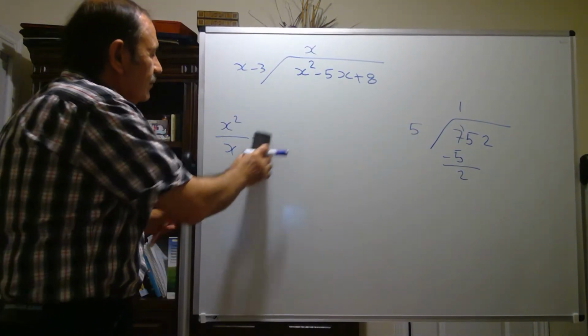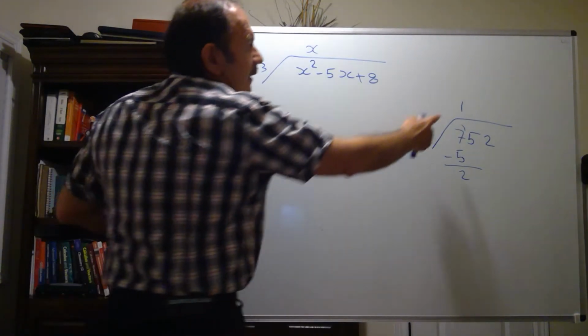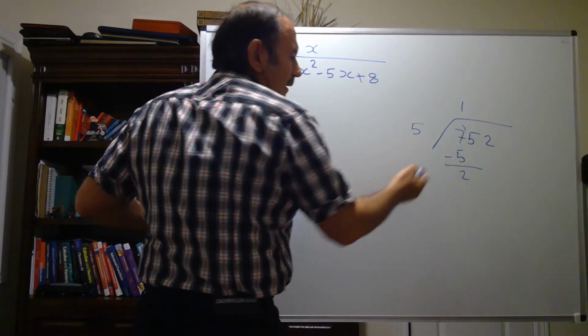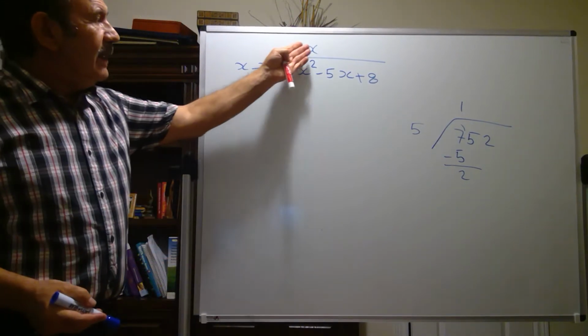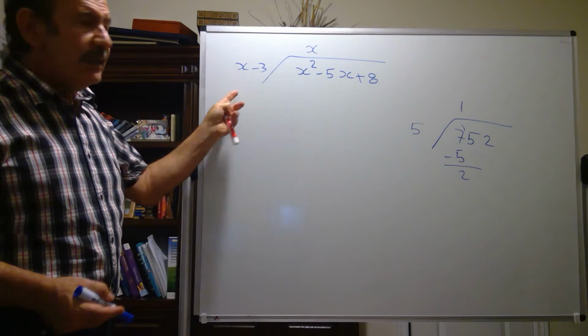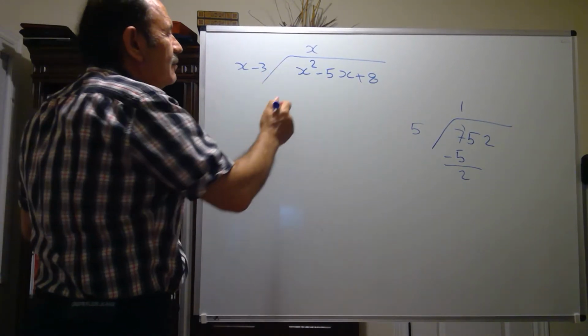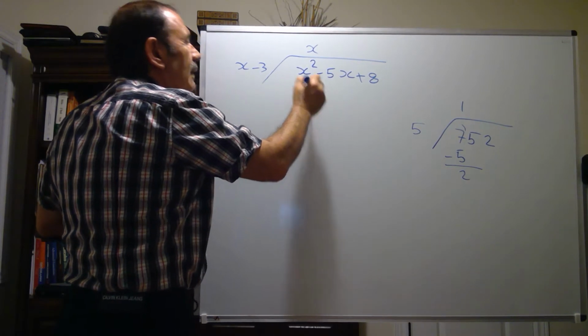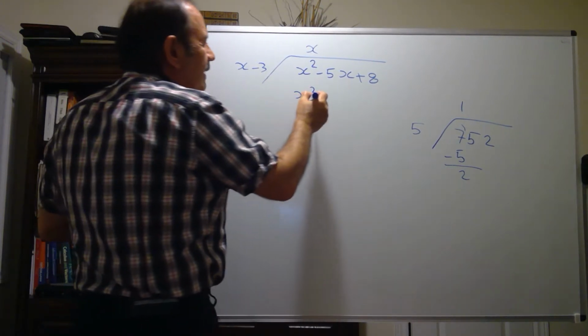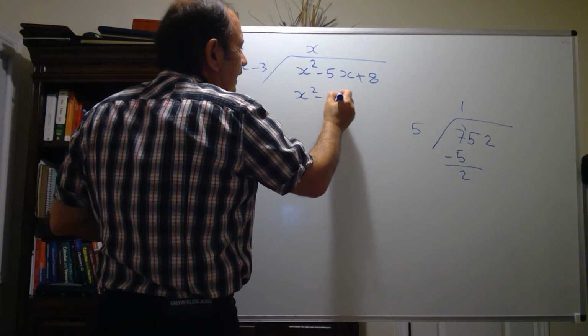Now, what we used to do, 5 multiplied by this one and write at the bottom. Multiply x by the whole expression and write it here. x times x is going to be x squared. x times negative 3 is going to be negative 3x.